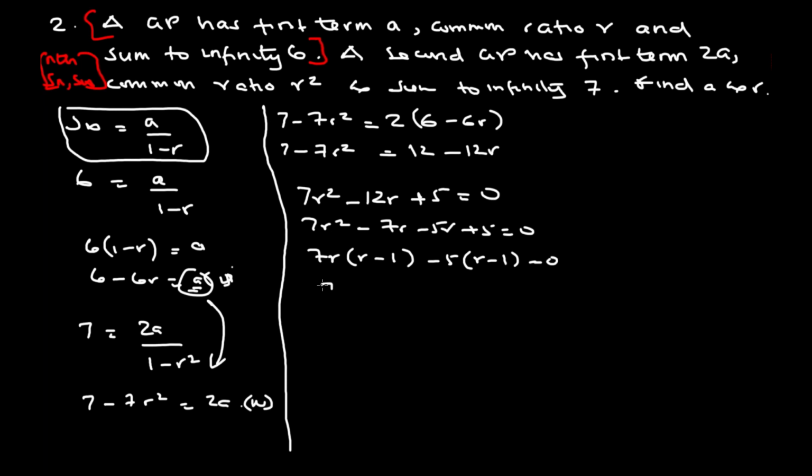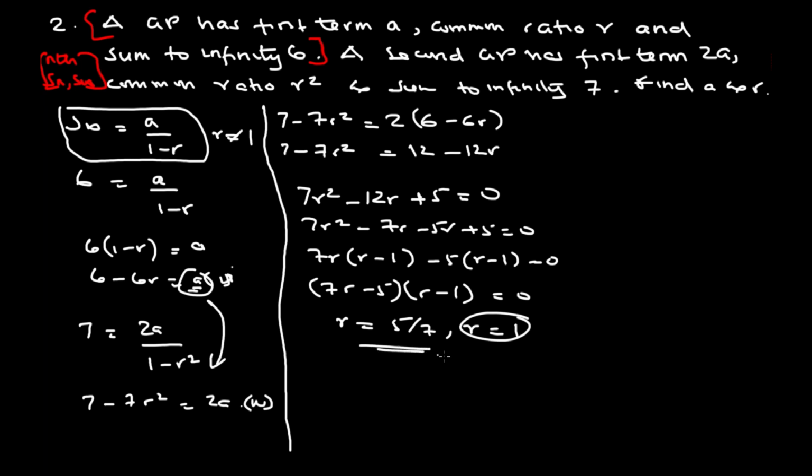So now we have 7R minus 5, R minus 1 equal to 0. So we have two values of R. R is 5 over 7, and then R will be 1. But remember, because of this formula, the domain here, they say that R cannot be equal to 1. So it takes this out. So our value for R is there.